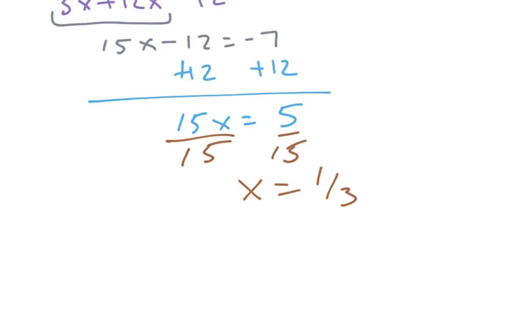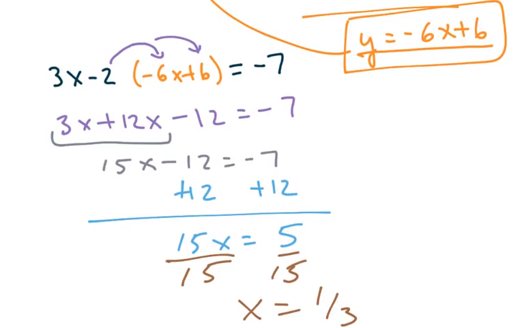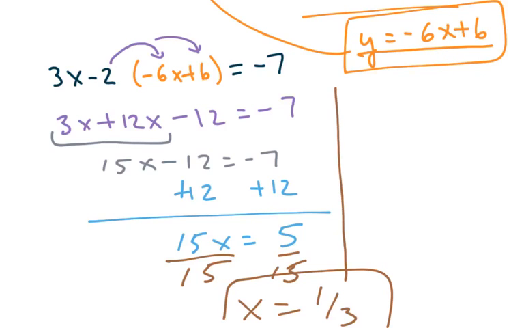Now, if x is 1/3, then I can take this value of x equals 1/3, and I can substitute it back in here, and I can solve for y. So, substituting it back in, we get y equals negative 6 times 1/3 plus 6.